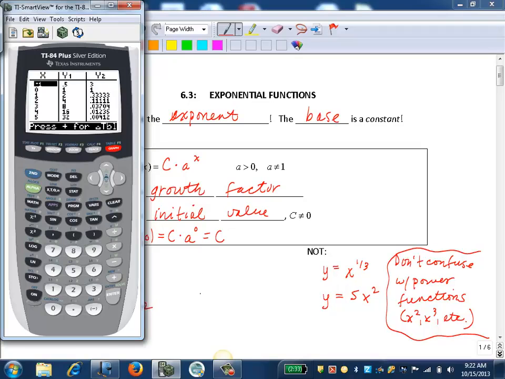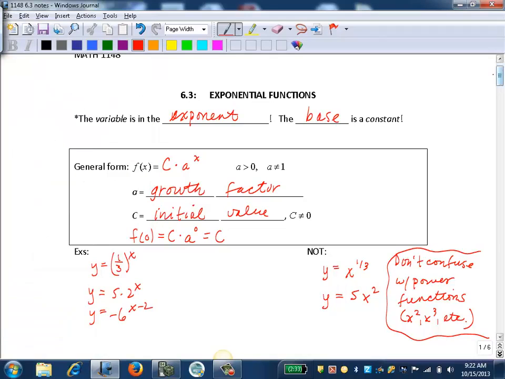So if we want to make just a little note of this in our notes here. We graphed y1 equal to 2 to the x, y2 equal to 1/3 to the x, and then we just made a little table. This might be nice to refer back to. So you've got your x value, your y1, and your y2.